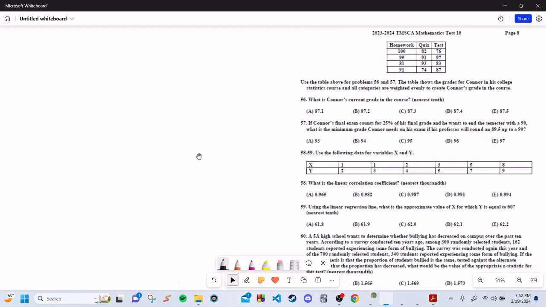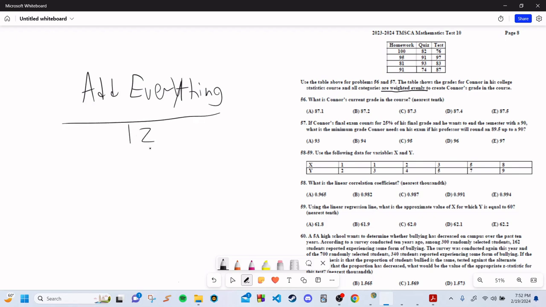So this one's a pretty easy question. So right now we've got this table with Connor's grades, and it tells us that they're all weighted evenly. So first we want to know his grade. So we're just going to add everything here and divide by 12, which is the number of grades we have.